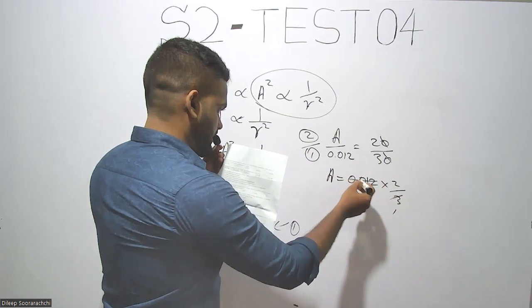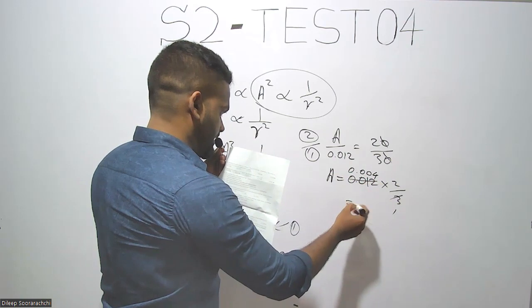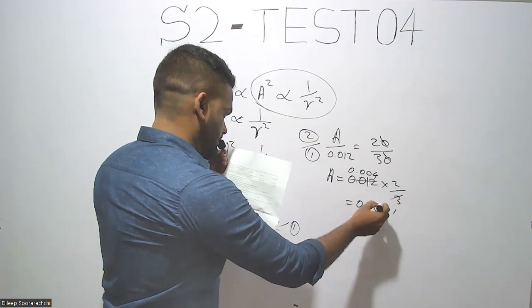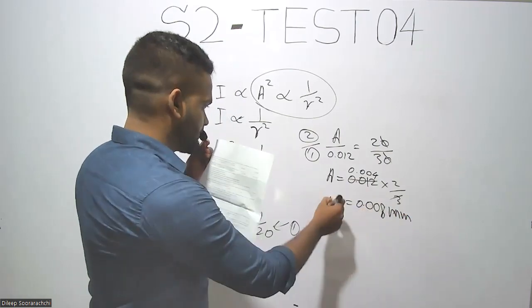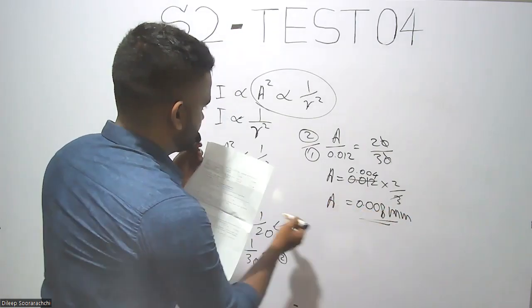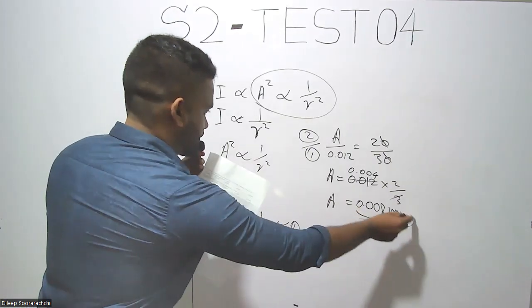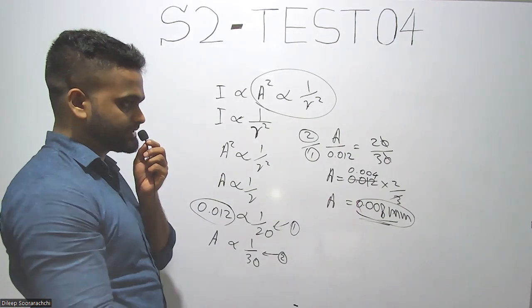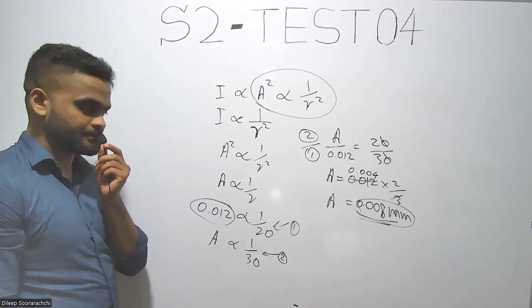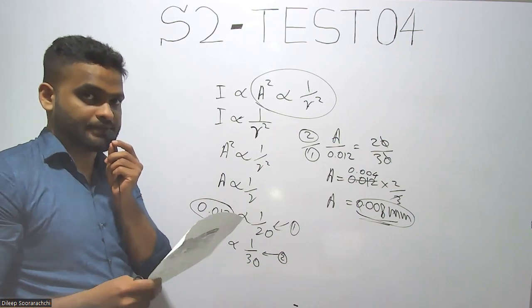If I divide this by 3, 0.004, 0.008. So the units was millimeters. So see that the initial amplitude is this much. It has decreased to this much when the wave traveled to a distance 30 meters. So the answer for that should be the fifth one for the 9th question.